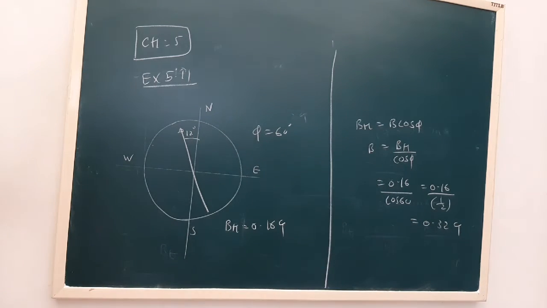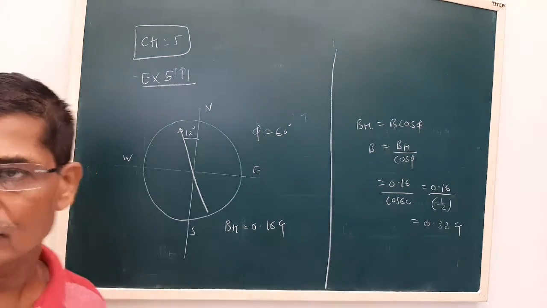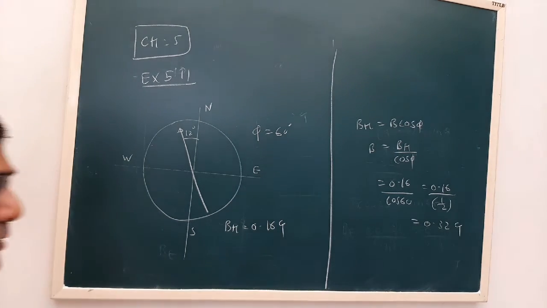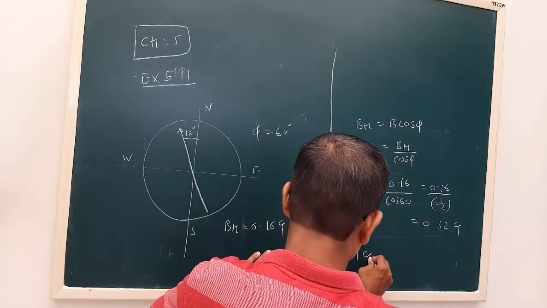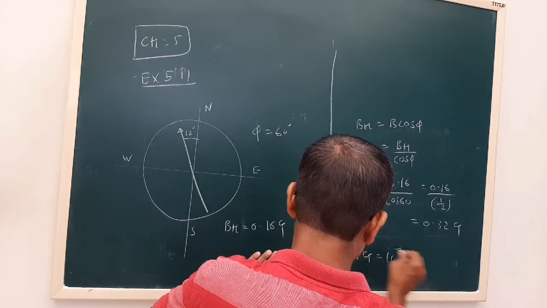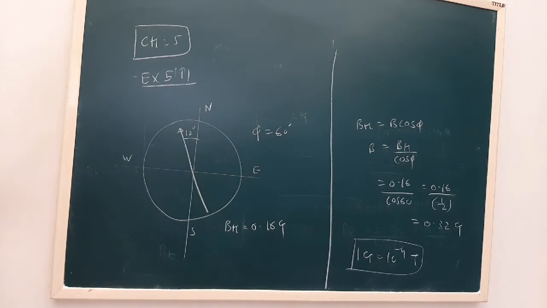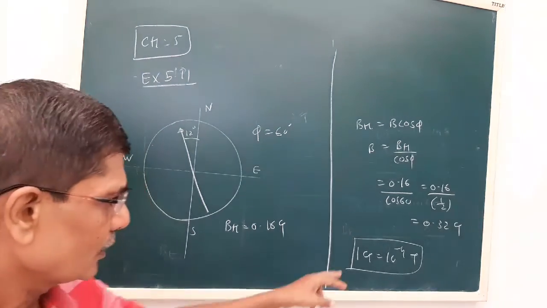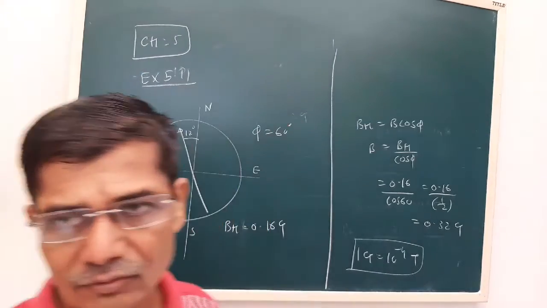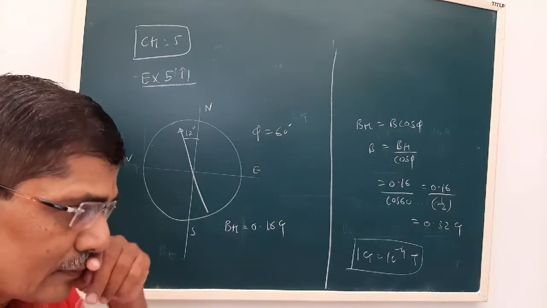That is 0.32 Gauss. Now see, remember the value is in Gauss, so the final answer we keep in Gauss. But we have to keep in mind that 1 Gauss is 10 to the power minus 4 Tesla. This is a very simple question and can be asked in an MCQ also.